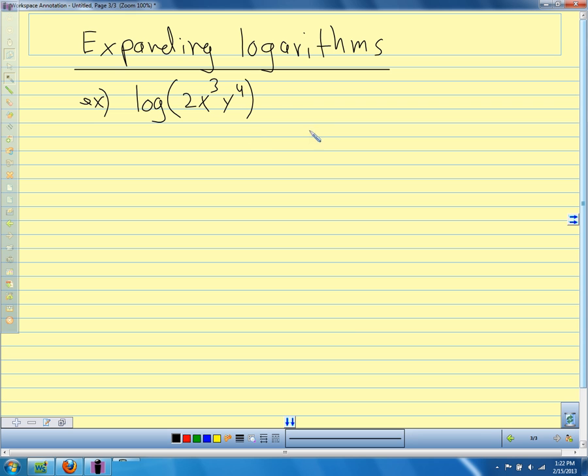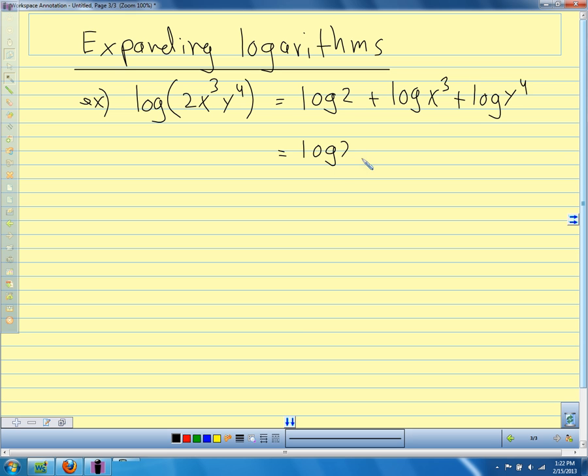So our properties of logarithms tell us that multiplication, what happens to multiplication? It becomes addition. So I'm going to turn all of these multiplications into addition. So I can rewrite this as log 2 plus log x to the third plus log y to the fourth.